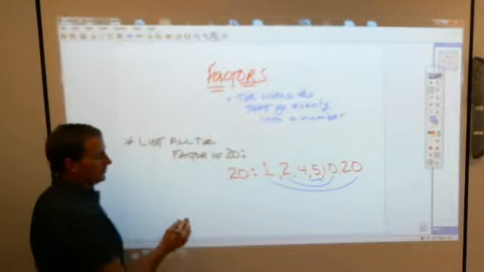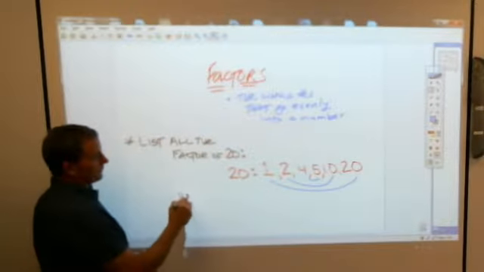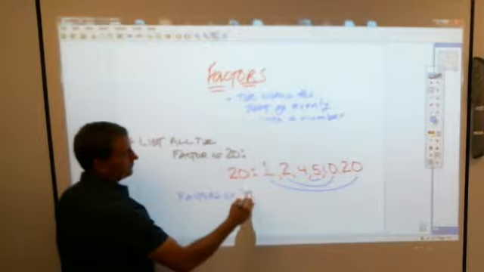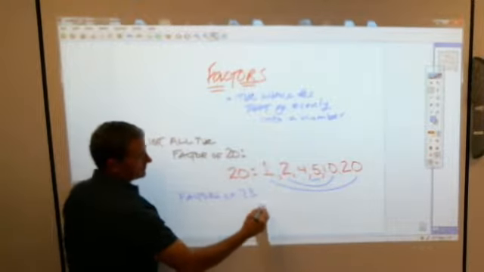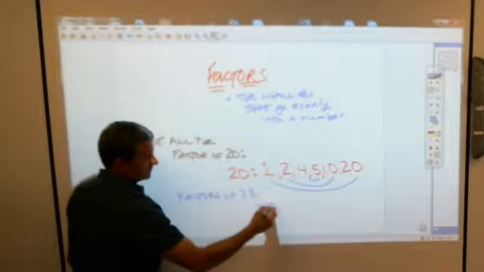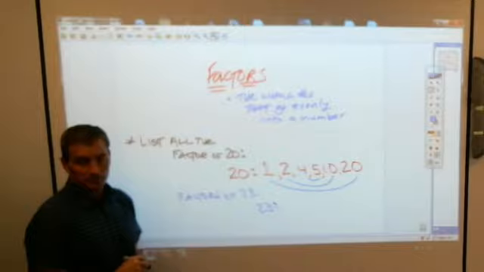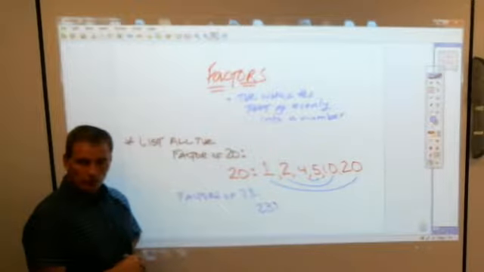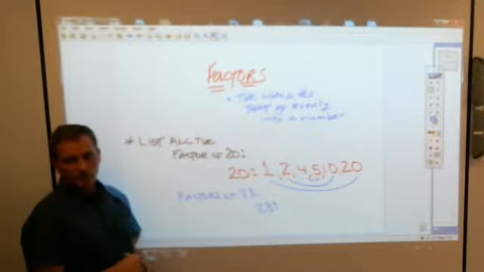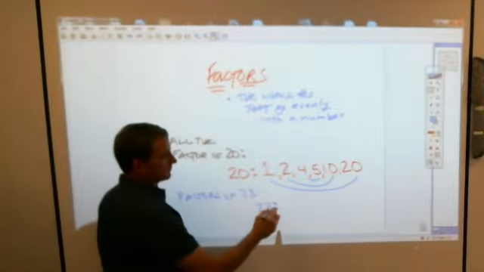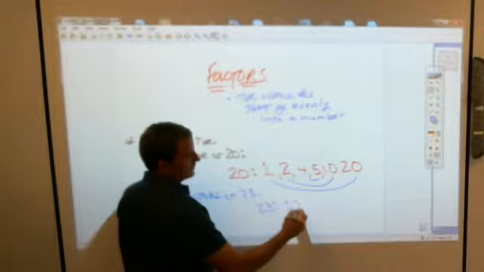Now, if it was this number, what about 23? Factors of 23. Some numbers don't have any factors, or don't have many factors, but they always have at least 2 factors. What times what is 23, Jordan? 1 times 23.